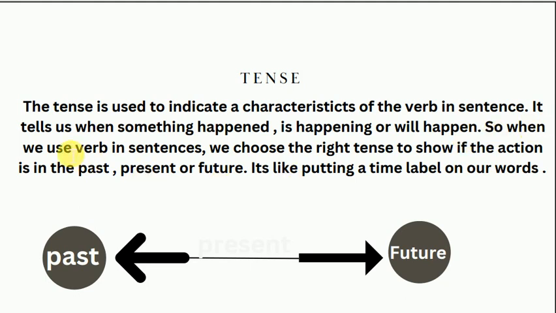So when we use a verb in a sentence, we choose the right tense to show if the action is in the past, present, or future.